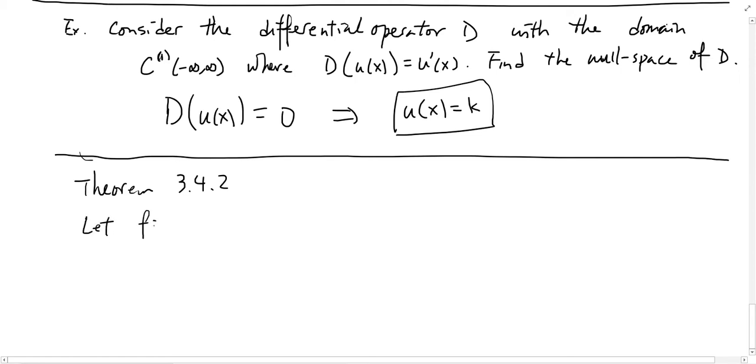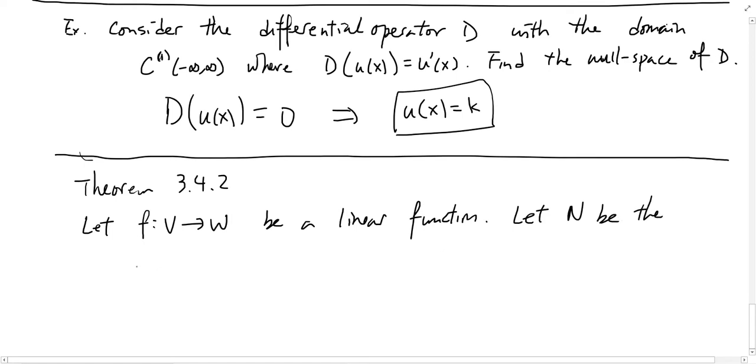Let's say we have a function f that maps from V to W, and let's say it is a linear function. Let N be the set of vectors v in the vector space V such that f of vector v is equal to the 0 vector.